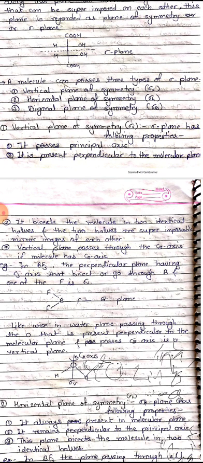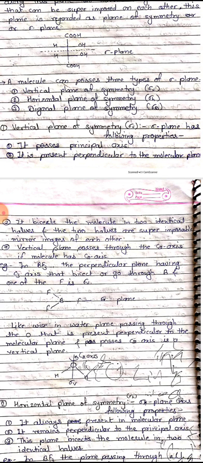For example, in the BF3 molecule, you know the molecule is a planar molecule, and the C3 axis is the perpendicular axis, and it is the principal axis.